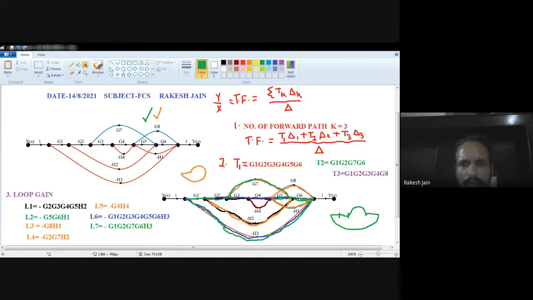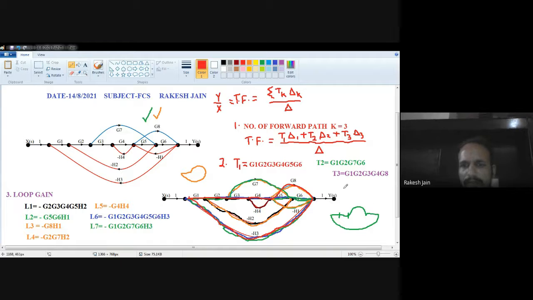G1, G2, G7, done. G1, G2, G3, okay, then G4. G1, G2, G3, G4. Yes, one more due to this G8. The last loop, with this red color I am showing you, may be the last loop. G1, G2, G3, G4, then G8, and then minus S3.